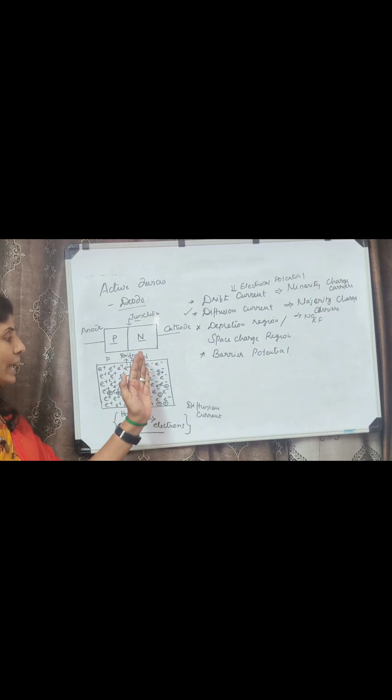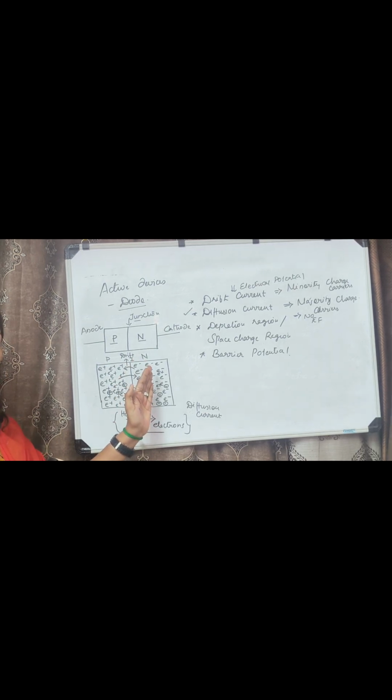Now come to the N region. In the N region, electrons are the majority charge carrier, and in the P region, electrons are the minority charge carrier. So the concentration gradient of electrons is higher in the N region when compared with the P region.